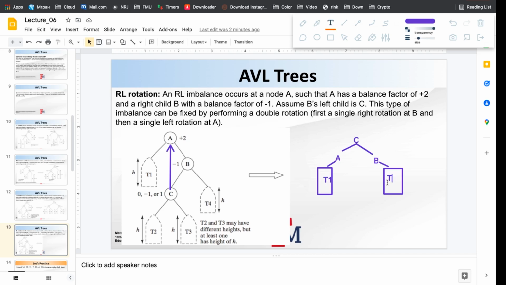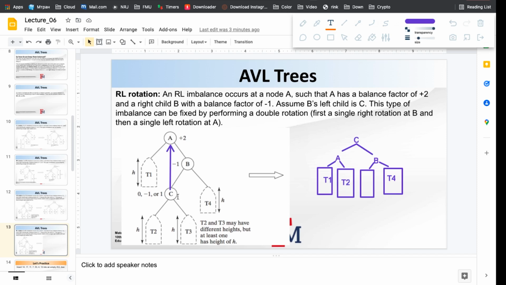T1, T4. And now we have T2 and T3 left. They have to be somewhere in the middle. Now we have only 2 placeholders basically to place them into: on the right from A and on the left from B. So where do we place what? T2 has to be on the right from A and on the left from C, so T2 is here.